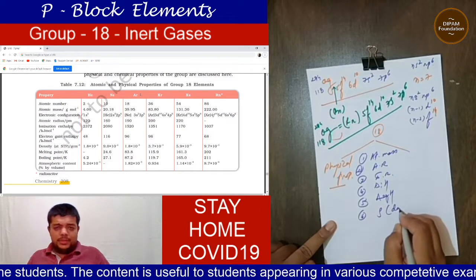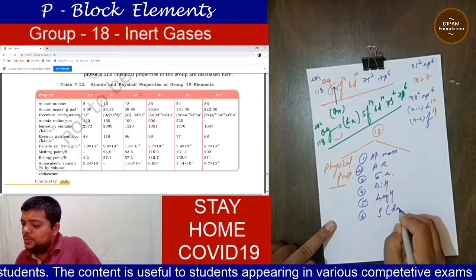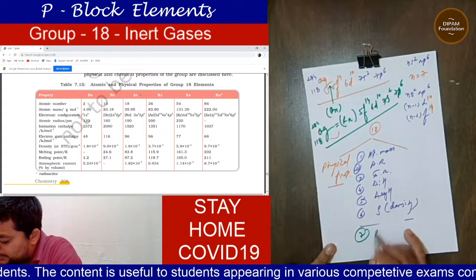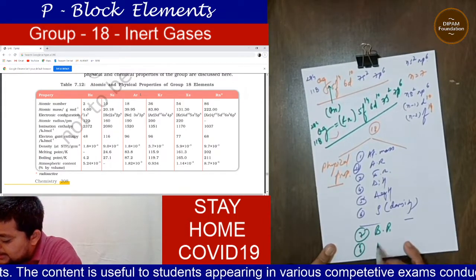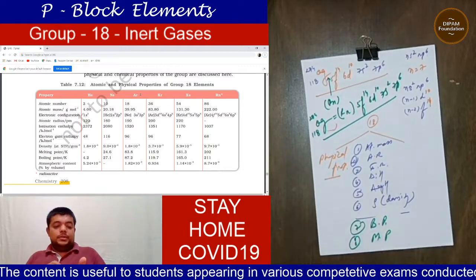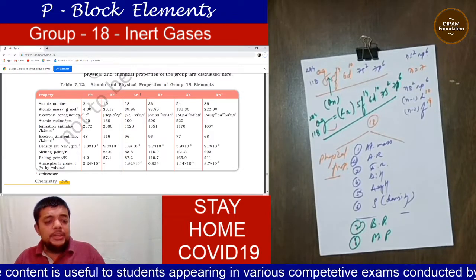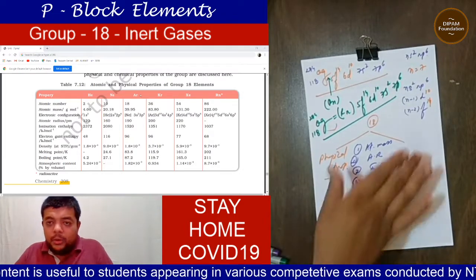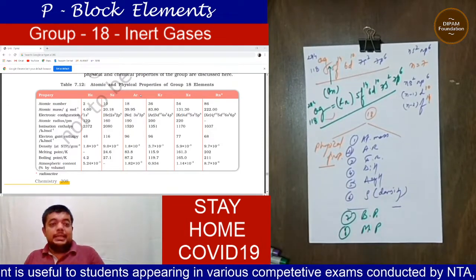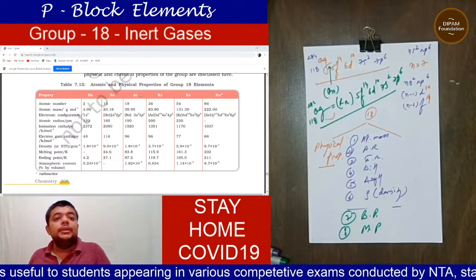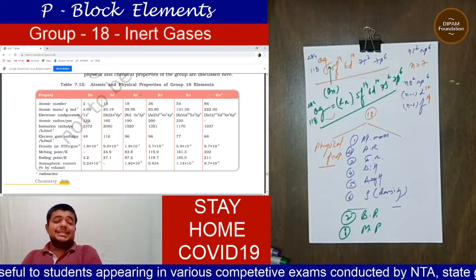Let us first focus on these six things. Very soon after, we will be focusing on boiling point, and just after that, melting point. So friends, keeping all these points in mind, we will discuss in detail each component of the physical properties of the inert gases.